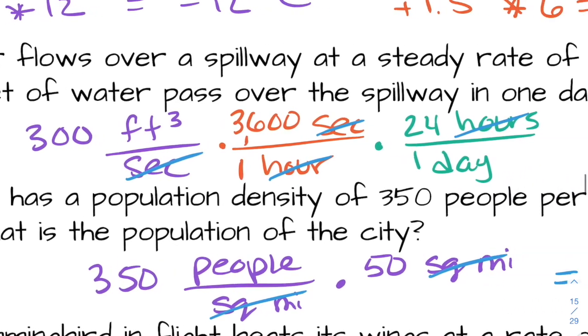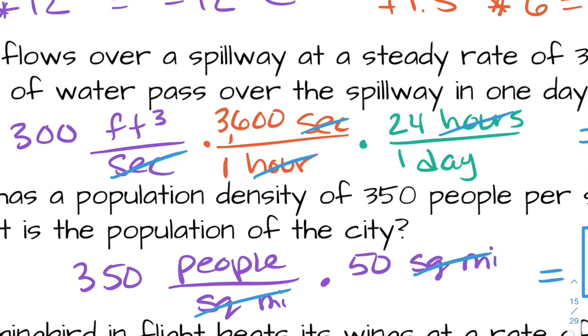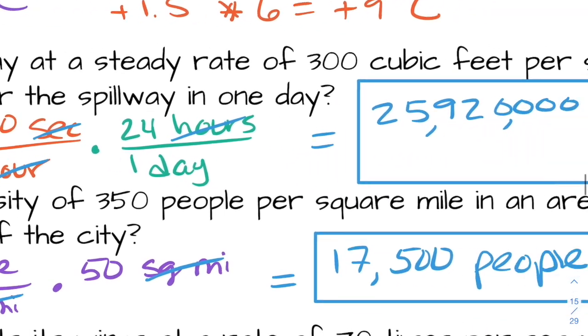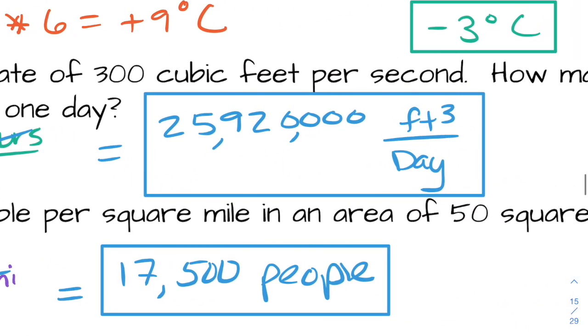And then I multiplied it by 24 hours in one day. And I reduced hours divided by hours and seconds divided by seconds, which gave me cubic feet per day. So multiplying those all together, you get 25,920,000, almost 26 million cubic feet per day pour over this spillway.